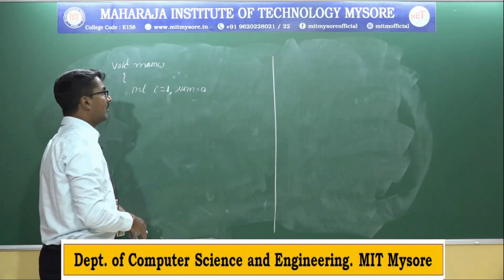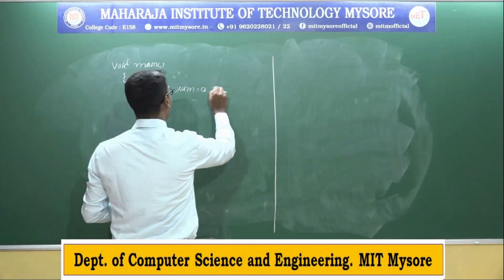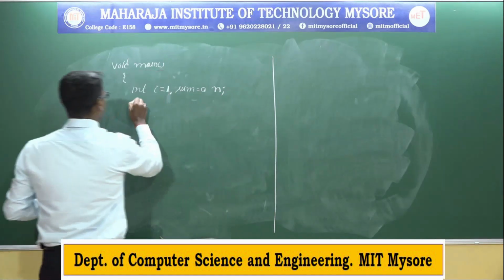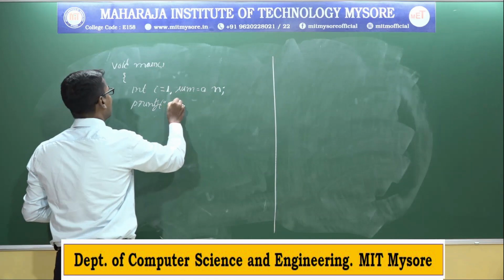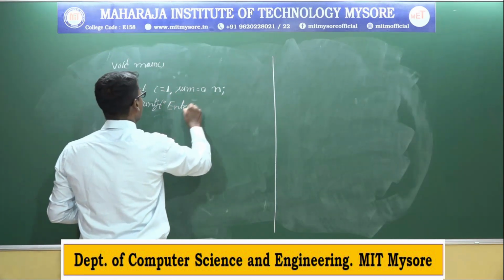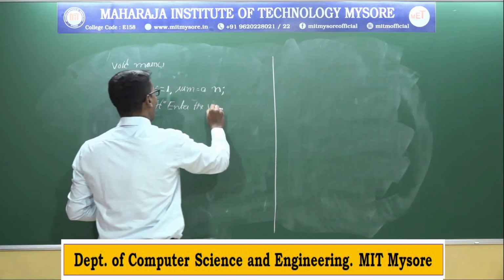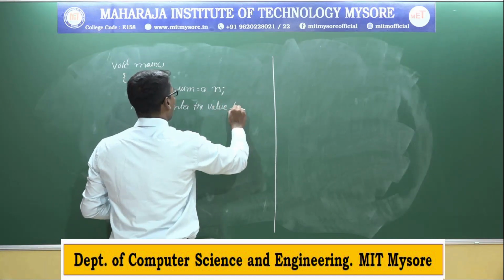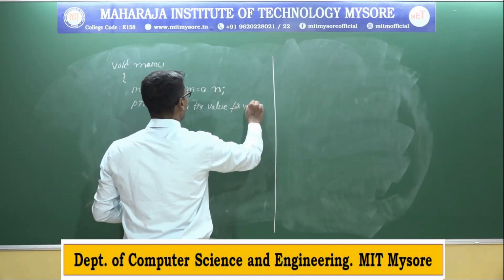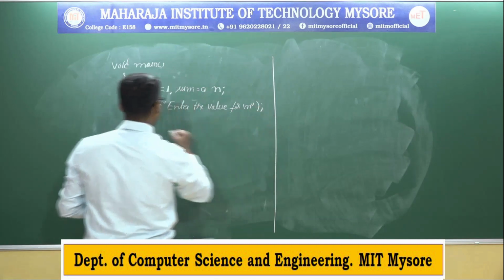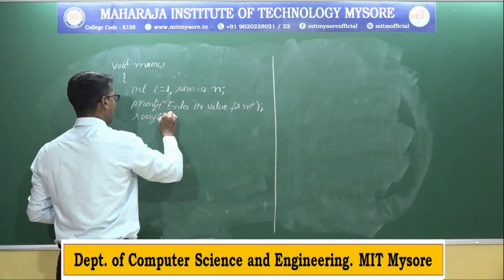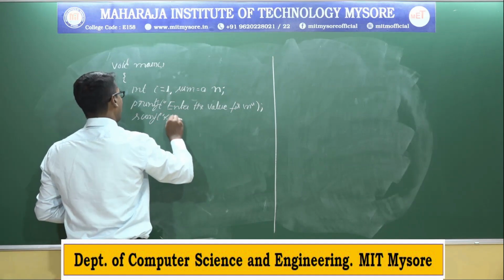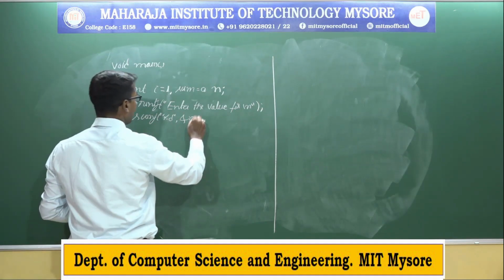If I specify sum of n numbers, so I'll consider int n, printf, enter the value for n. So I'll read the value for n, scanf percentage d address of n.